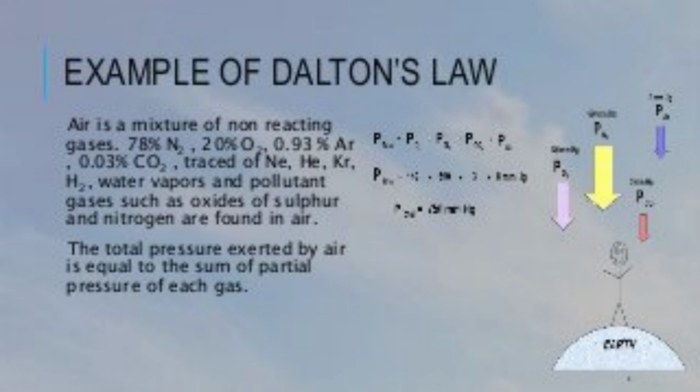The total pressure exerted by air is equal to the sum of partial pressure of each gas, which can be given as P total or P air is equal to P nitrogen plus P oxygen plus P CO2 plus P argon, which comes out to be 760 millimeter of mercury.